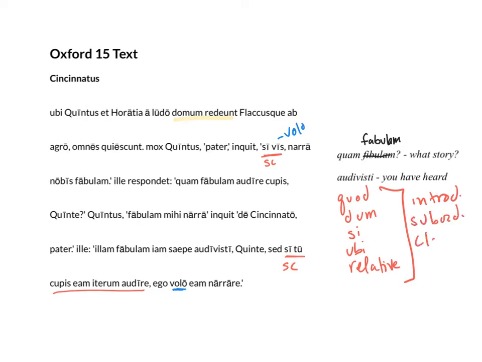So I forgot this one right up here, and this is a long clause. So ubi Quintus et Horatia, and we're going to go all the way down to agro. So when Quintus and Horatia returned home from the school, and Flaccus from the field, right? They all rest can stand on its own, but when they return cannot. So this is going to be your subordinate clause.